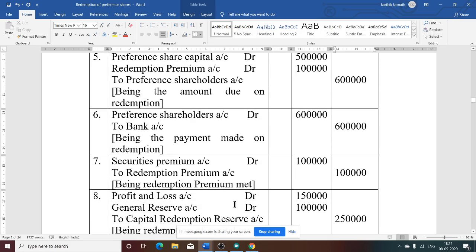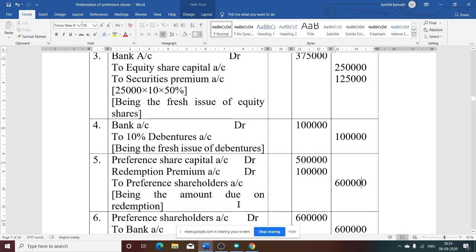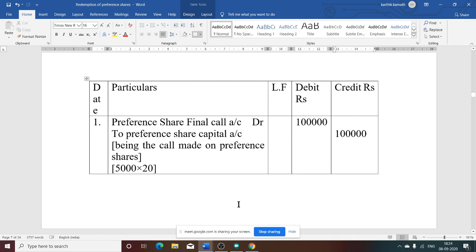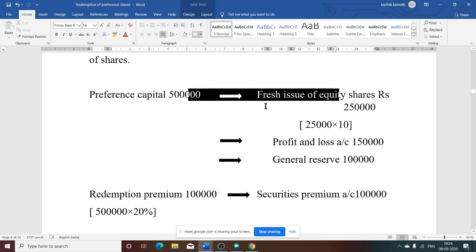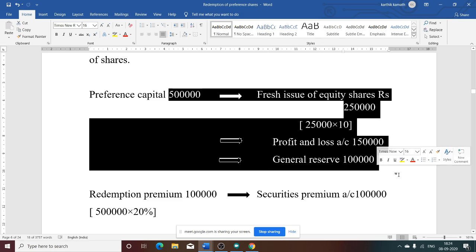Next, after that, an amount equal to the nominal value of the share must be transferred to the capital redemption reserve account from the profit. So only from the profit and reserve we need to transfer to the CRR account for the purpose of issuing bonus shares, if mentioned in the problem. So once you go for this capital information, now you see from where you have utilized the amount other than the fresh issue.